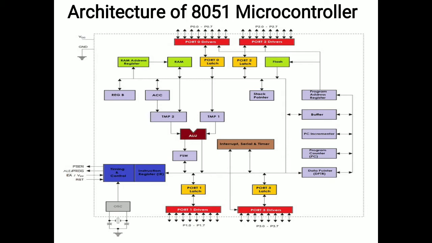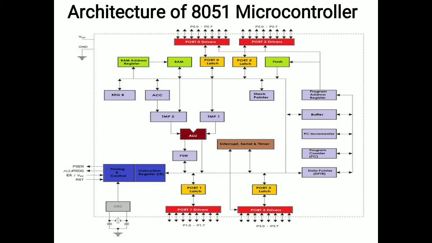If we look from the bottom side, port 1 and port 3 require 8 driver circuits, that is, each port consists of 8 IO pins. Based on this structure, each port pin requires a latch circuit.